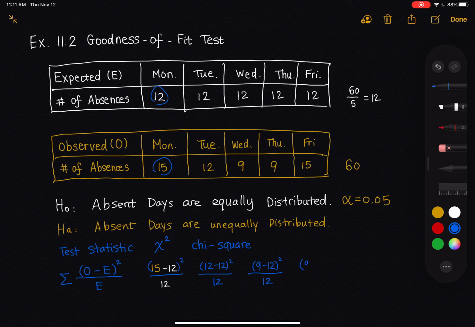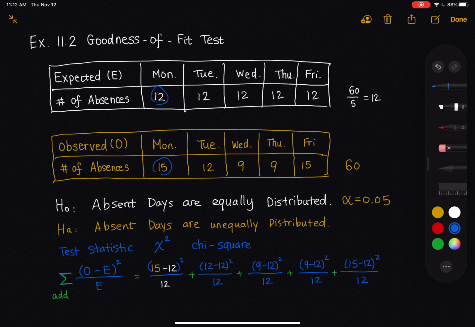Similarly, for Thursday, it's 9 subtract 12 squared divided by 12, and for Friday, 15 subtract 12 squared divided by 12. Now you calculate all these numbers, but then at the end you have to add them up. This summation is telling you to add up all these numbers. So you enter this expression into your calculator.